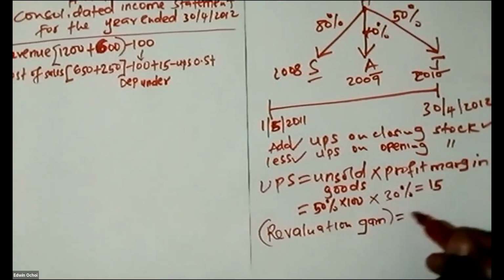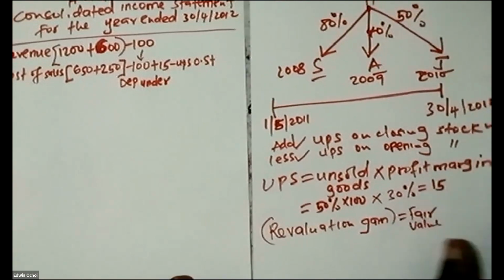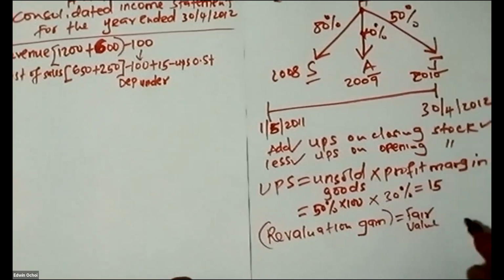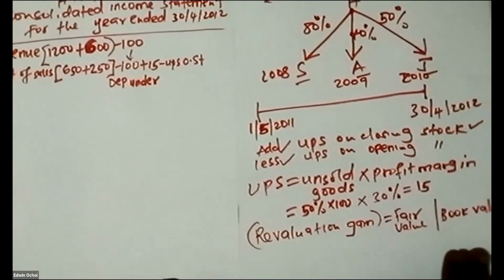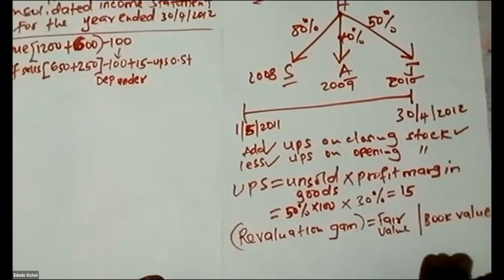And the revaluation gain is the difference between the fair value of an asset and its book value. Or they call it market value, and this one is carrying amount.